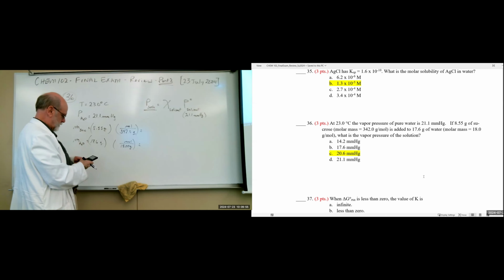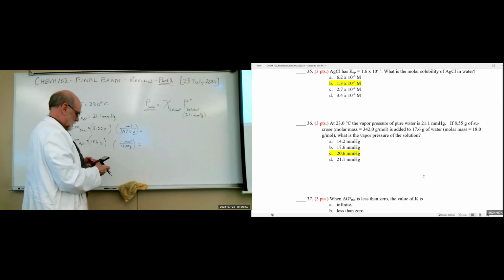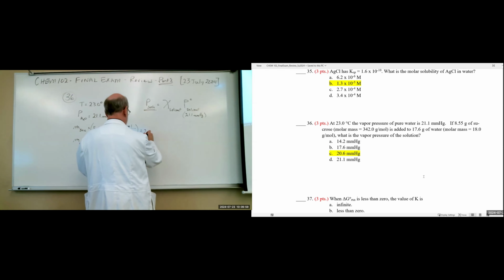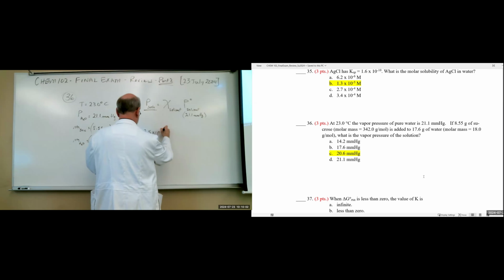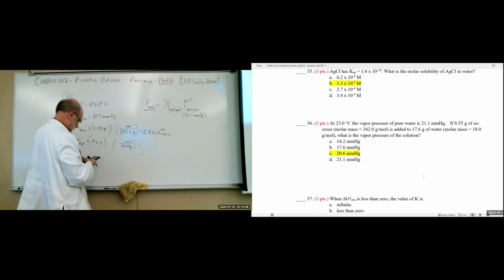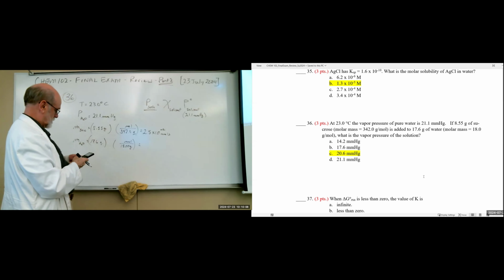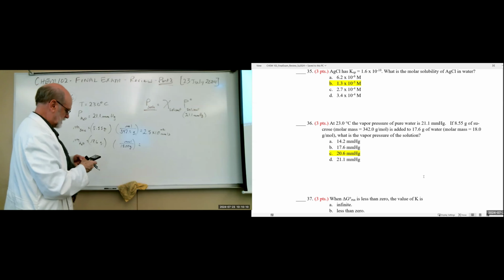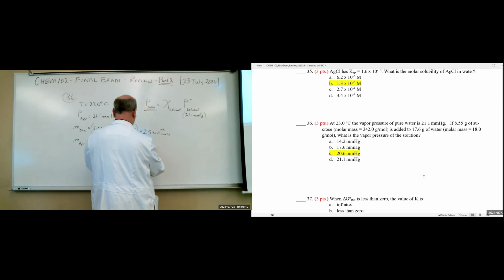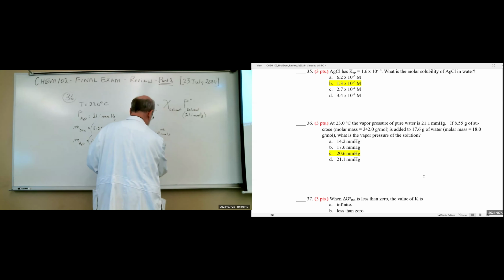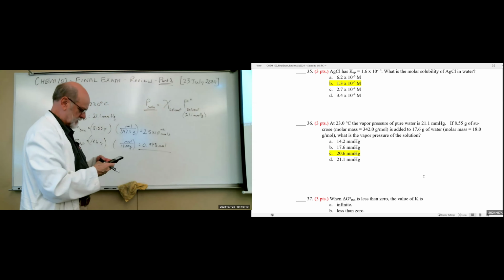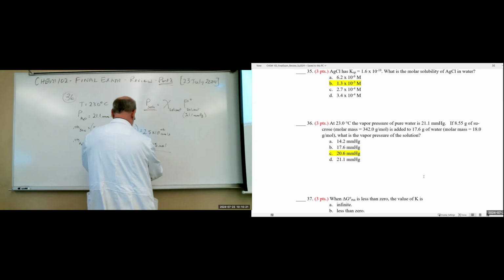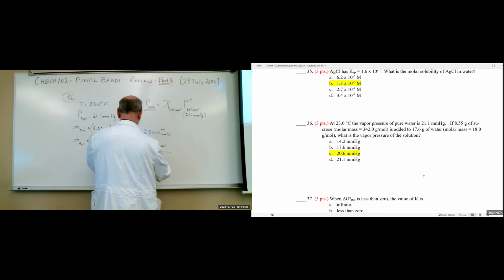8.55 divided by 342 is 2.5 times 10 to the minus 2 moles. And 17.6 divided by 18 is 0.978 moles. So the total moles are those two added together, 1.003.